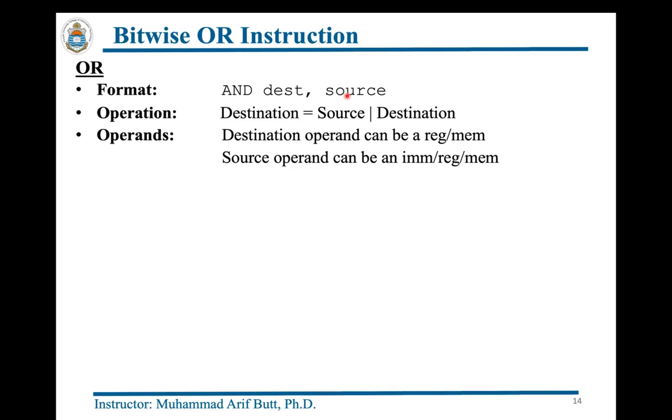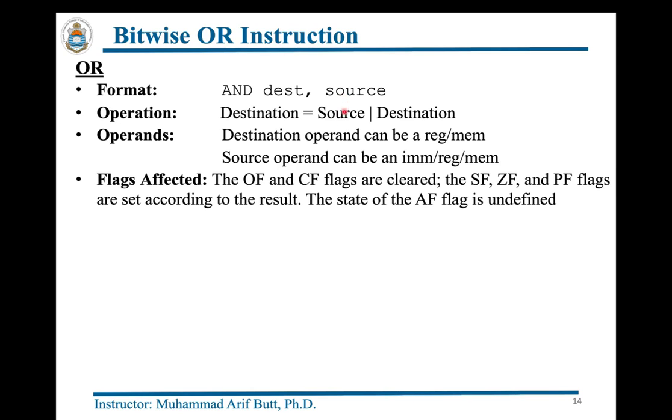Well, dear students, the behavior of the OR operation is that the resulting bit is 0 if both corresponding bits of the first and the second operand are 0. Otherwise, it is set to 1. And after the OR operation is executed, the overflow and carry flags are cleared.